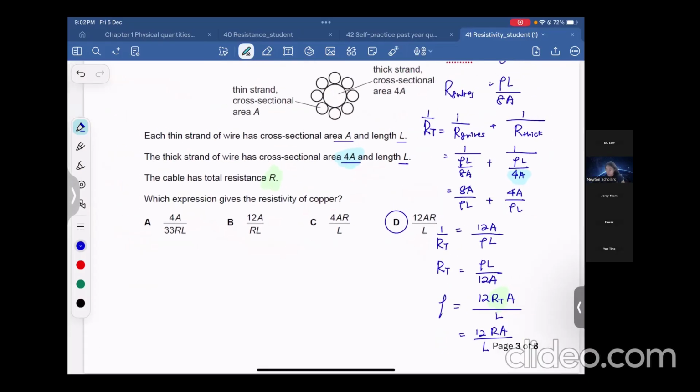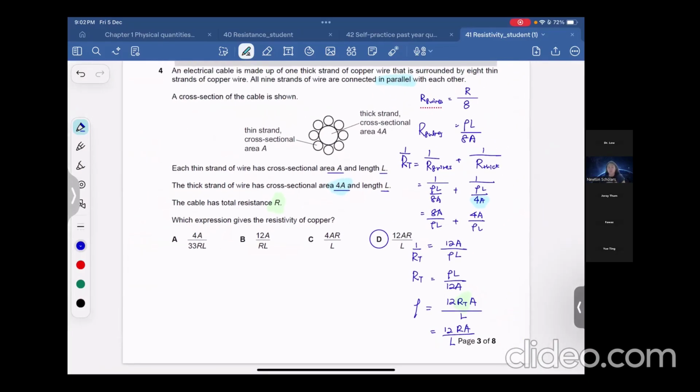Okay, this question I guide you like this and give you the concept. Behind there is one similar question. I want you to try it by yourself. Let me check where the question is. Page number 7. Can we turn to page number 7? This one you complete first. The idea is we can use the shortcut way to find the resistance, but I need to separate because 8 are thin and one is thick.